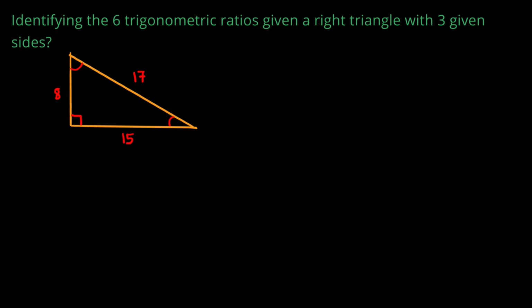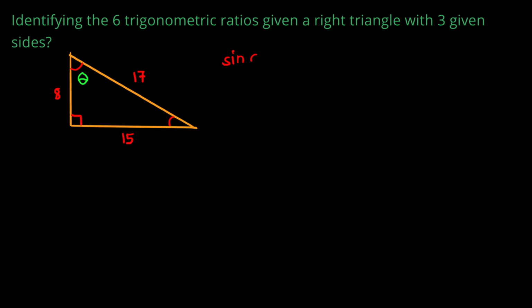Let's label one of the angles using a Greek letter this time, which is theta. So we'll be using this symbol to represent any angle that we use for our trigonometric function. So with respect to angle theta, let's find the following ratios or functions.